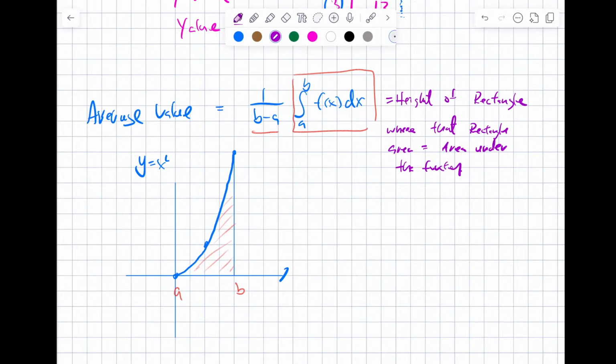So what I am trying to say is this. You're going to get this area roughly right here. The green area is equal to the red area, but the height of that rectangle, the height of that rectangle.